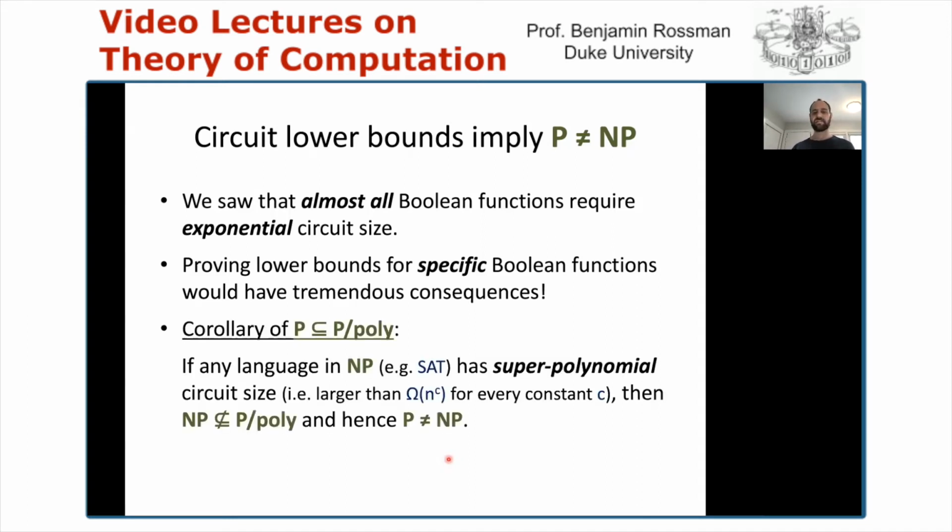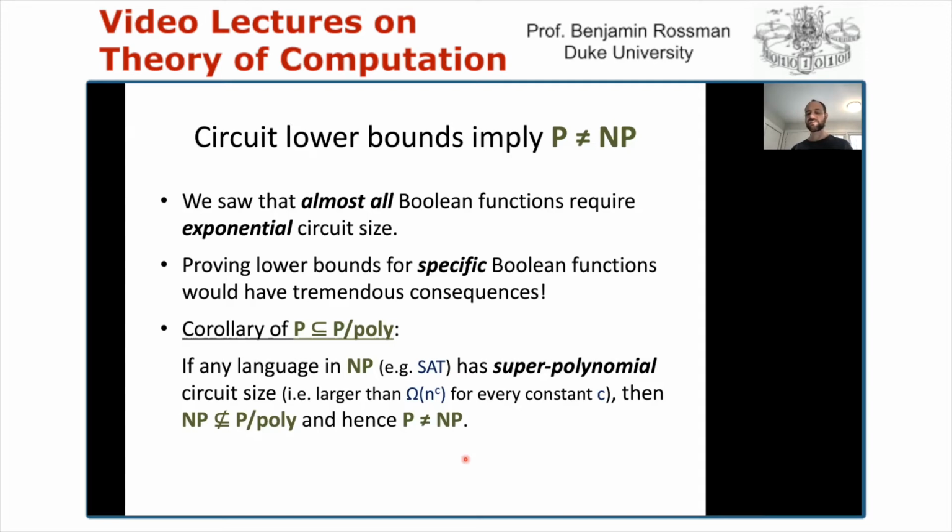Just to restate what we observed: if any language in NP, for instance satisfiability, or without loss of generality any NP-complete problem, has super polynomial circuit size, larger than omega of n to the c for every constant c, that shows that NP is not contained in P/poly, and therefore P is not equal to NP.